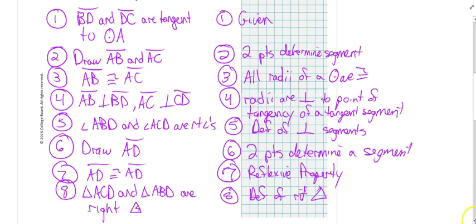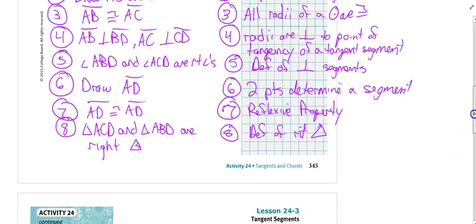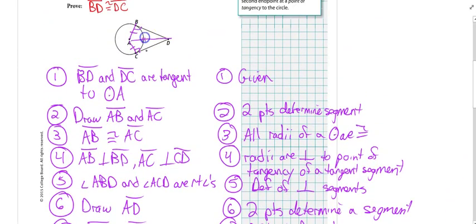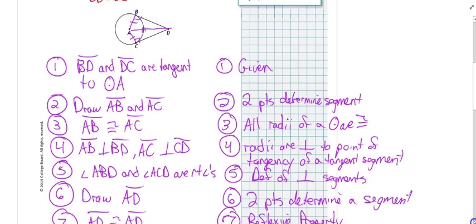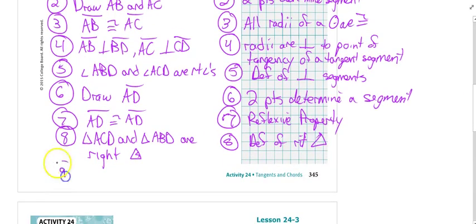So what we have is the hypotenuse of each right triangle congruent, we have two right triangles, and we have a leg congruent. That is the definition of hypotenuse-leg.